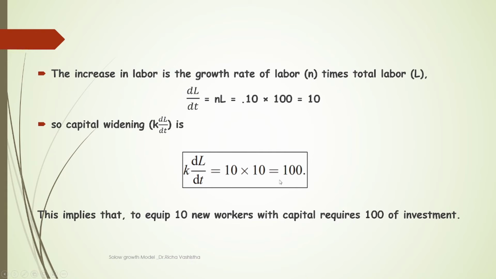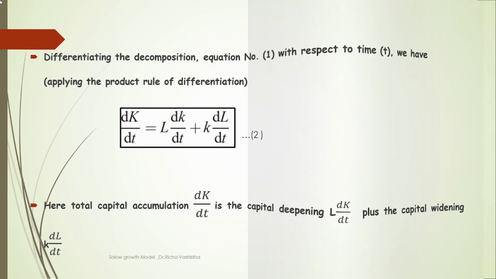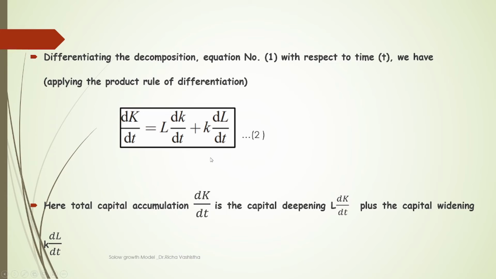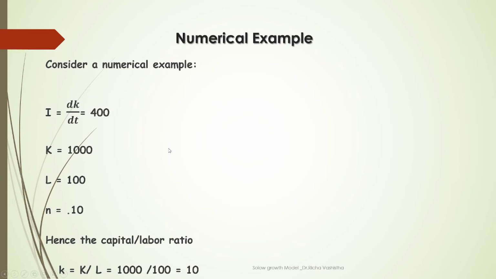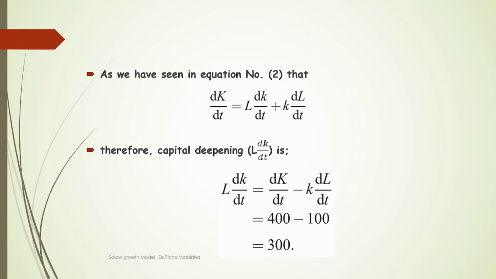The currency can be put in as per the region or wherever. So this is how it's done, whether the capital deepening part or the capital widening part needs to be worked out. This is how it will be calculated. It was just to show with the help of this simple example how this can be done.